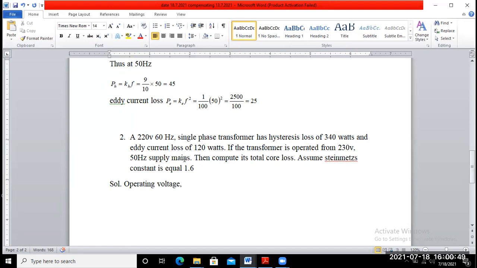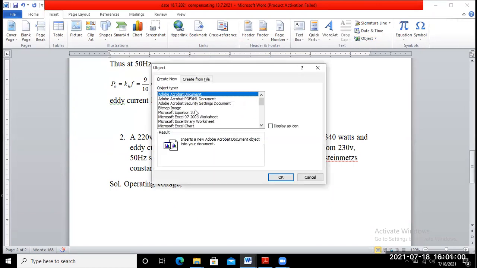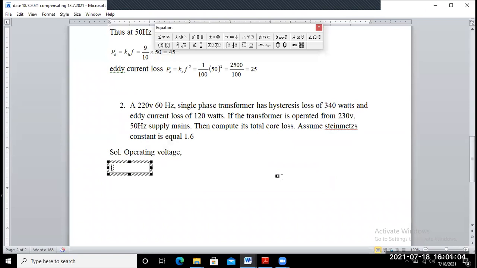So V1, that is the induced EMF, is equal to the supply voltage V1. Do you remember the formula?